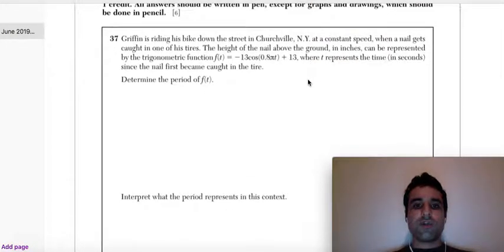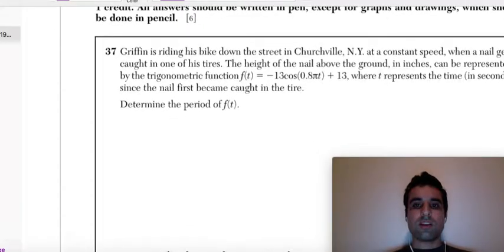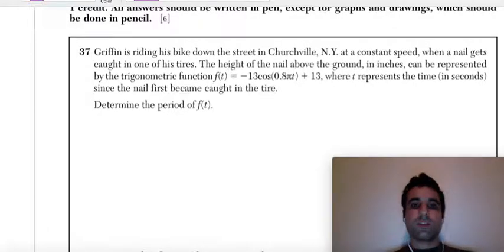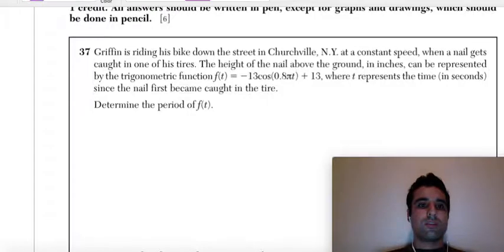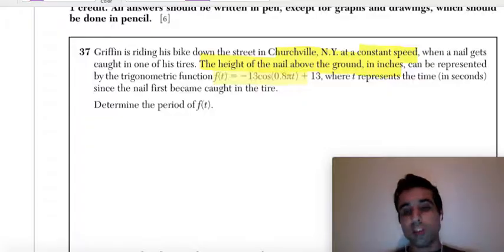Griffin is riding his bike down the street in Churchville, New York at a constant speed. When a nail gets caught in one of the tires, the height of the nail above the ground in inches can be represented by the trig function f of t equals negative 13 cosine 0.8 pi t plus 13.